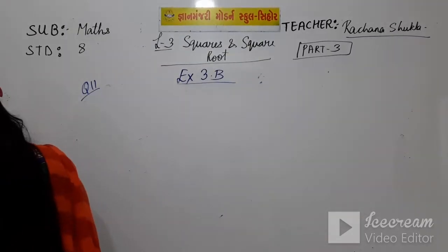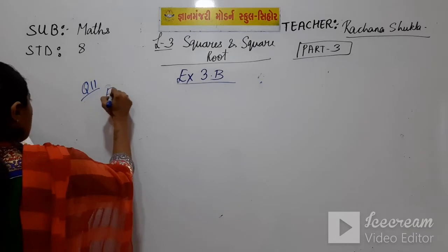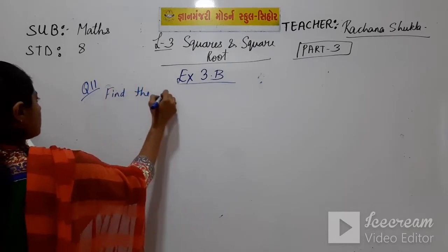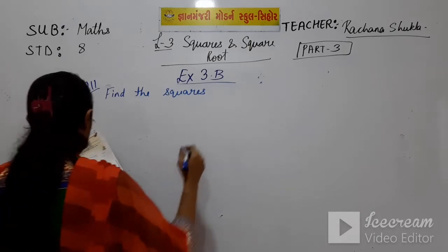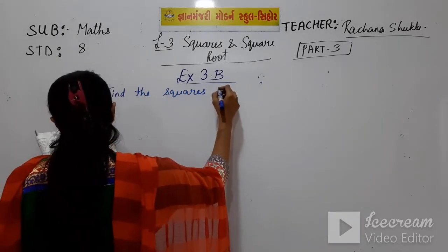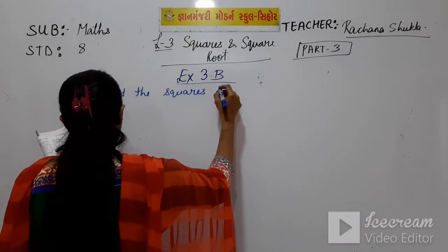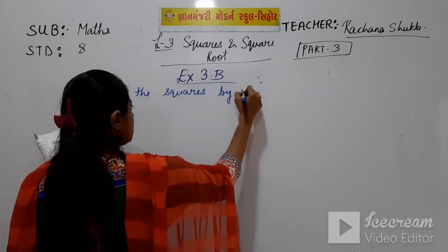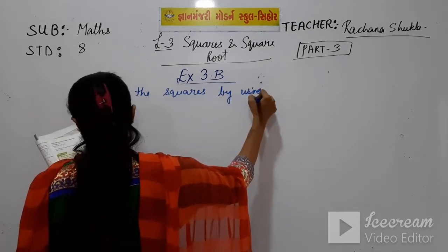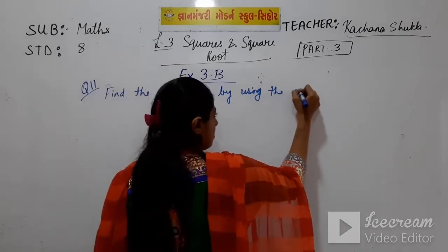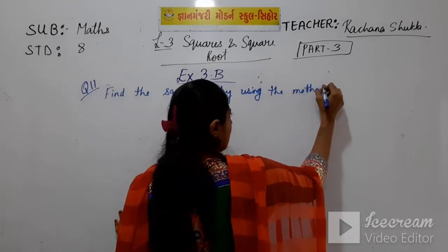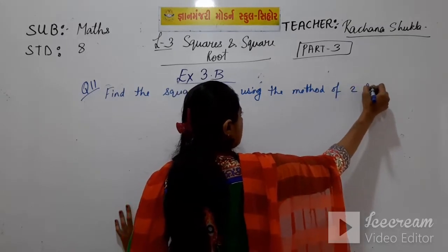Question 11 is, find the squares. Very interesting question, students. Find the squares by using the method of two-digit number.